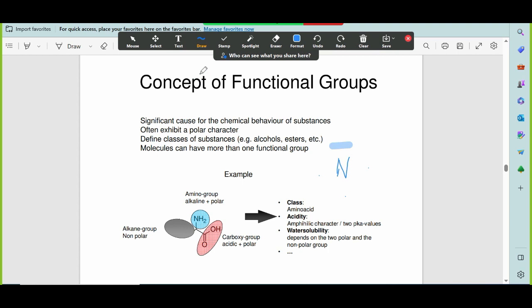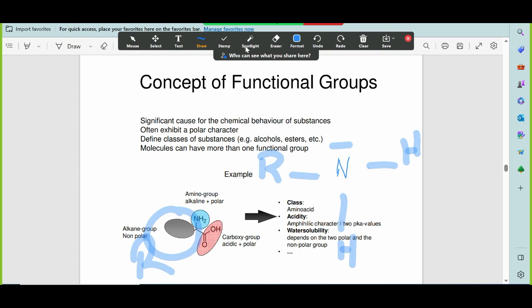So it can form three different bonds. Here is just some radical. This chain here, whatever it is, we just call it R if we don't care about it, which means radical. And here there is an H, another H, so 2H. These are the three bonds.